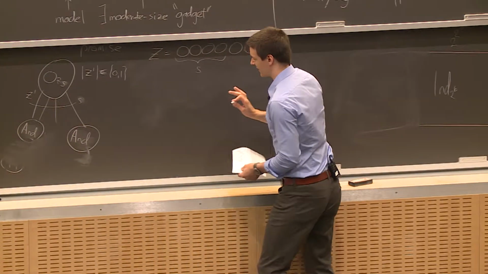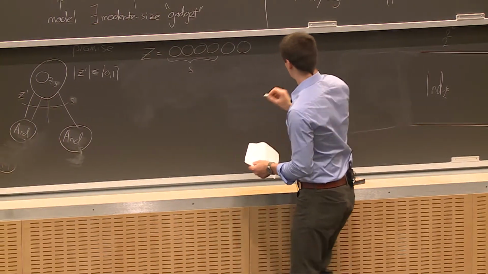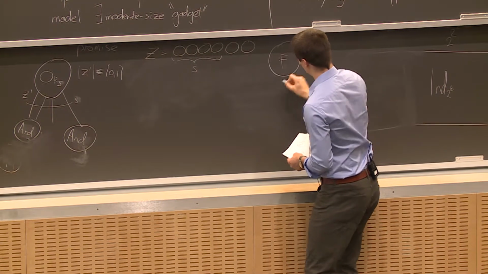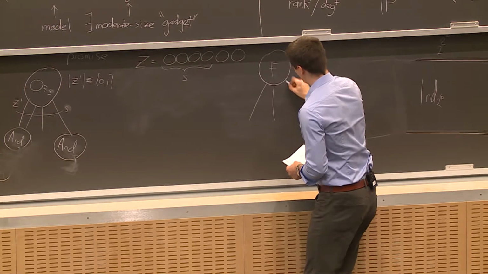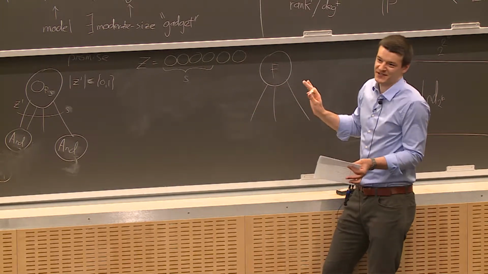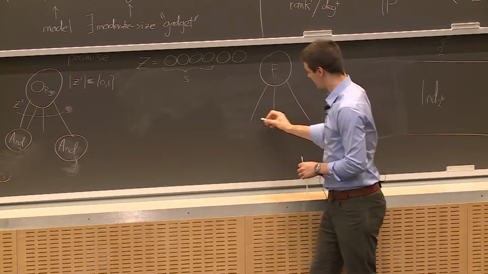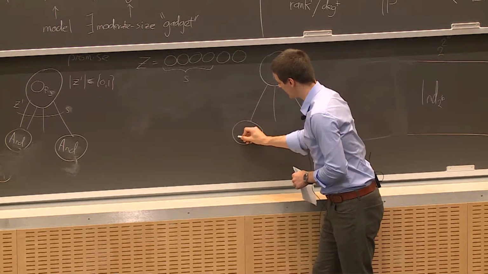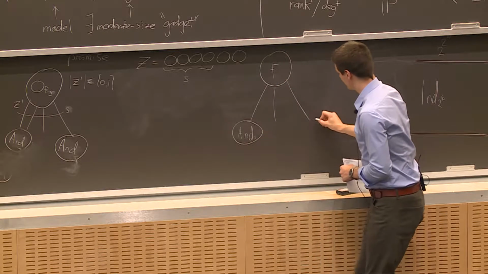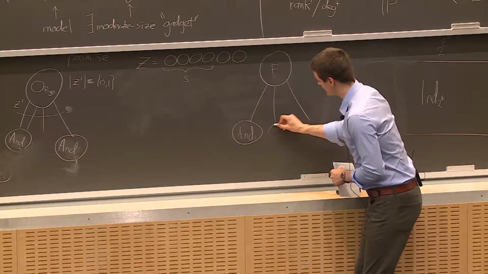Okay, so here is the target function I want to reduce to: f composed with some gadget, which we haven't picked yet, but let me try to do it with the AND gadget. What would happen if I put the AND gadget here? Can I then complete the reduction?